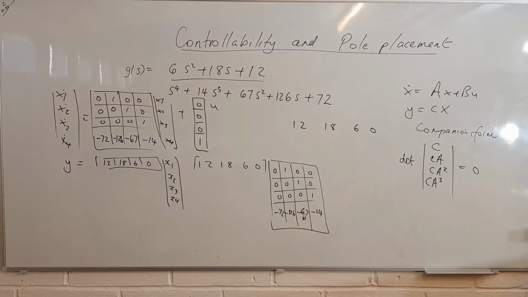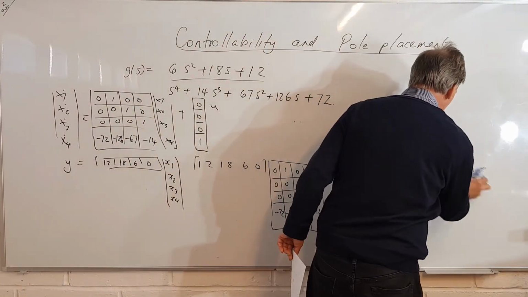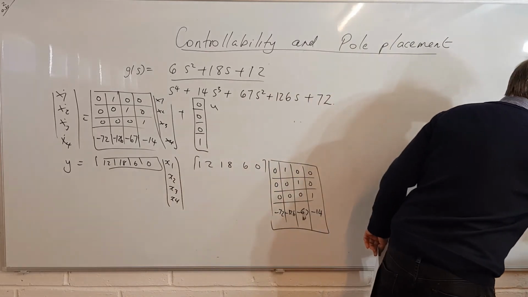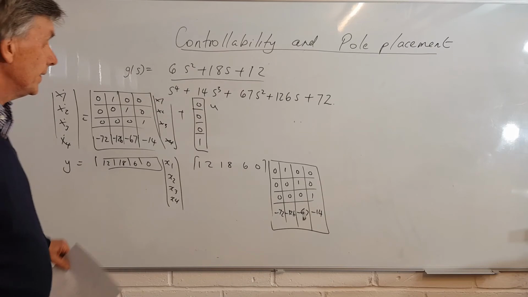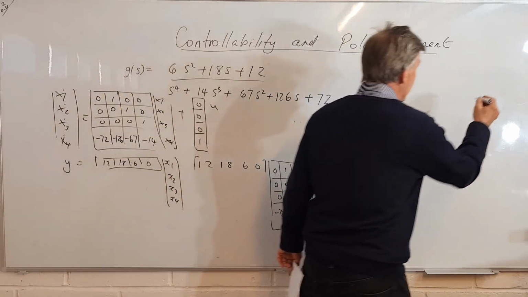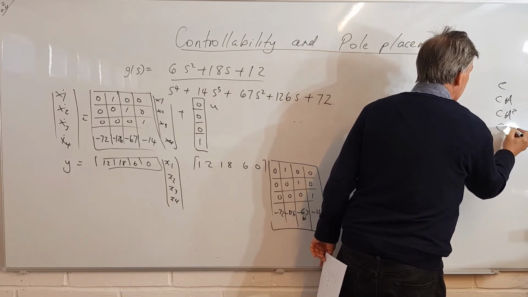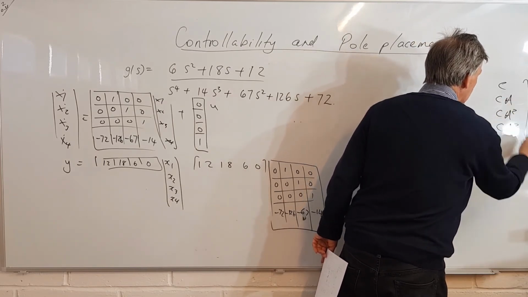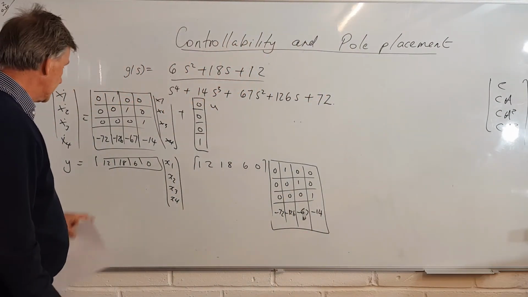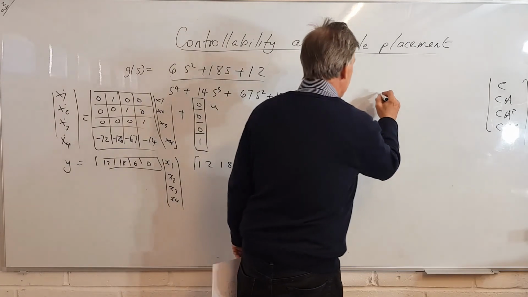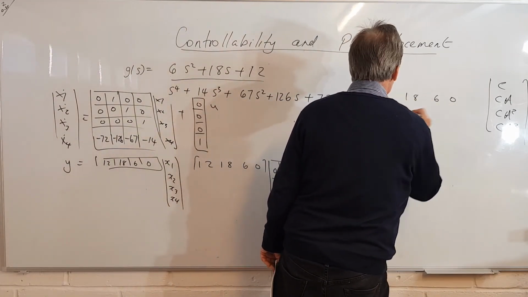Now, we need a bit of space for this, so we're going to rub this bit out and generate ourselves some space. We're going to work out the observability matrix given by C, CA, CA squared, CA cubed. Let's start off with the C, which is relatively straightforward: 12, 18, 6, 0.